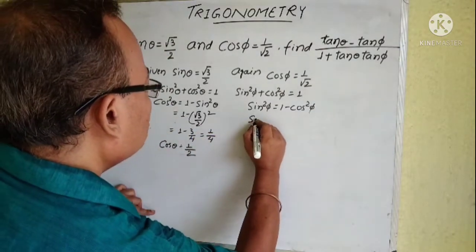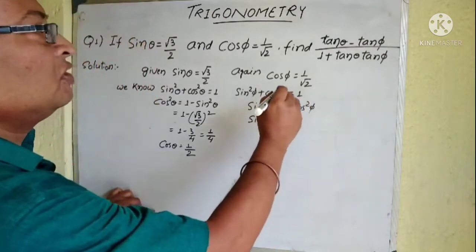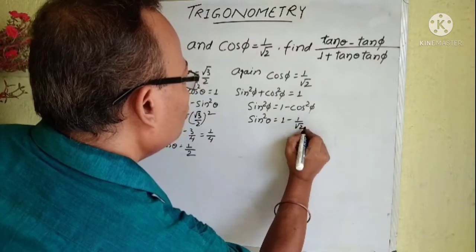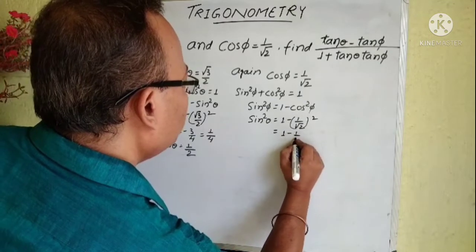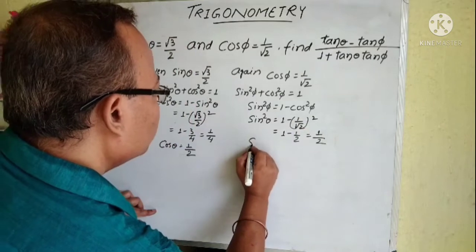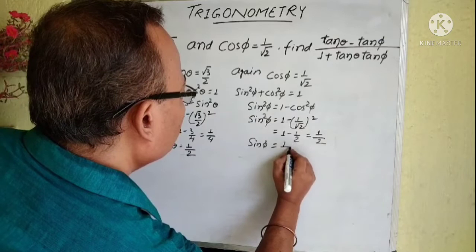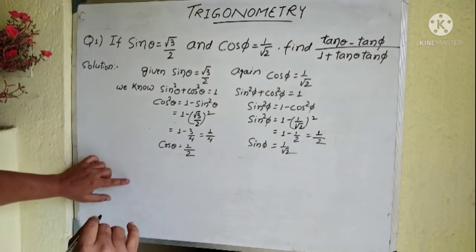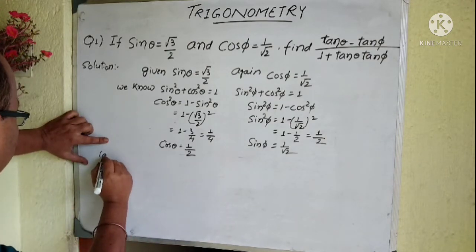So put the value, 1 by root 2 whole square. So it will become 1 minus 1 by 2, which is equal to 1 by 2. So sin phi will be equal to 1 by root 2. Understood? So here now we will find out tan theta.